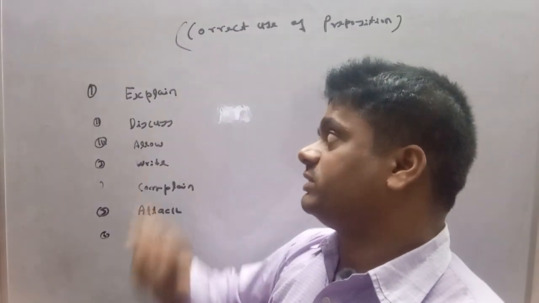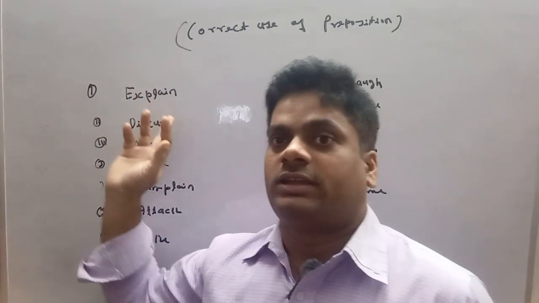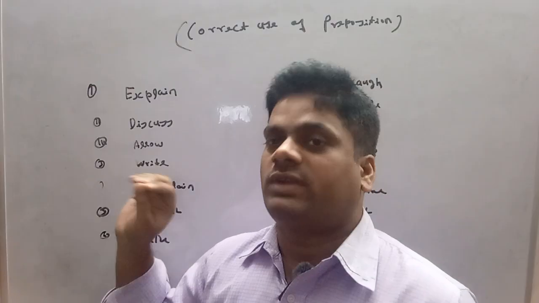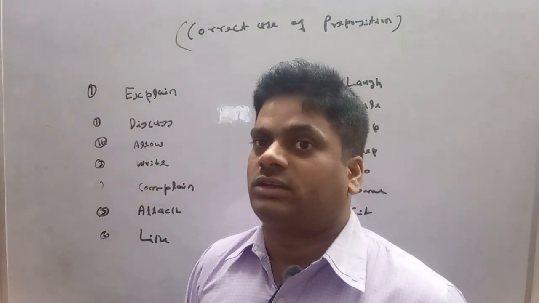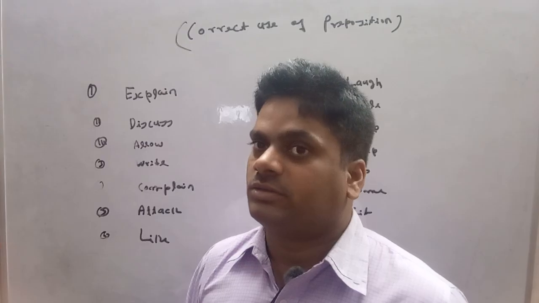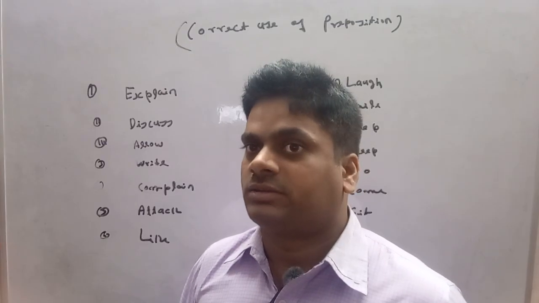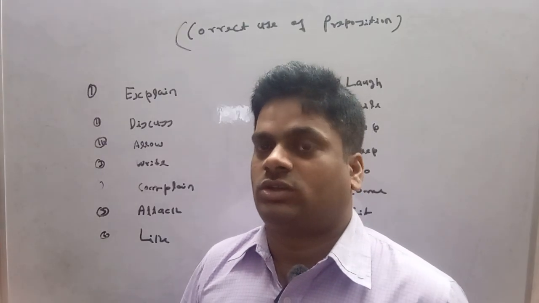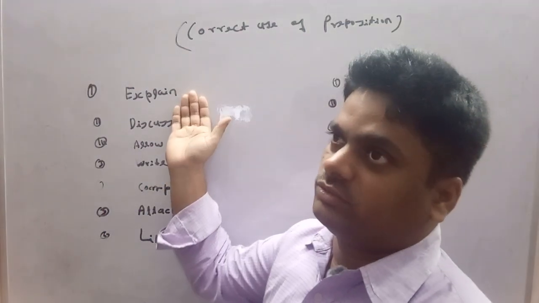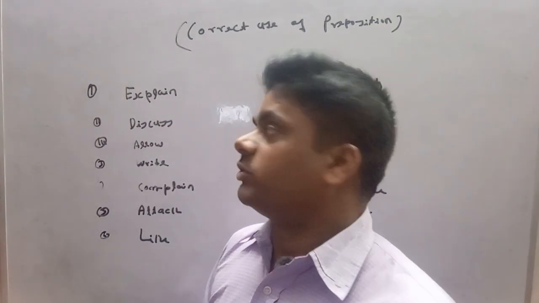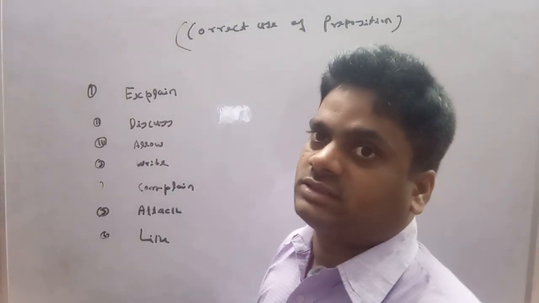If we talk about a simple verb, explain, we would ask only one question to the verb explain. What explain? Whom explain? Only two questions. And its object would be either a noun or a pronoun. Discuss, what discuss?